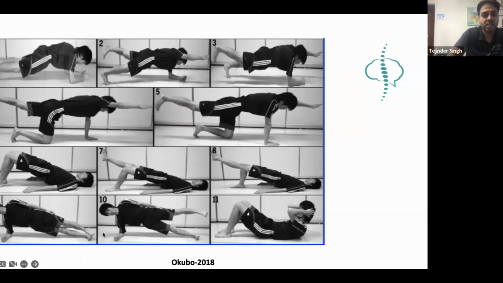If you look at position 7 on the picture, that outperformed everybody else of all the positions to activate the multifidus, followed by position 6, followed by position 8, followed by position 5.